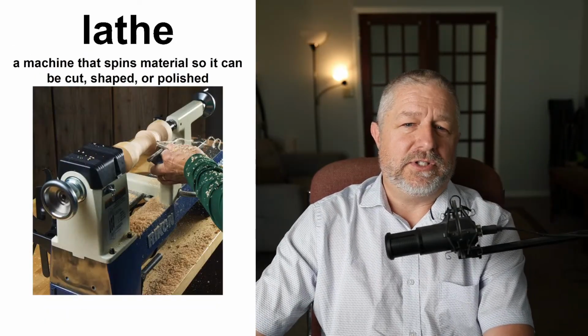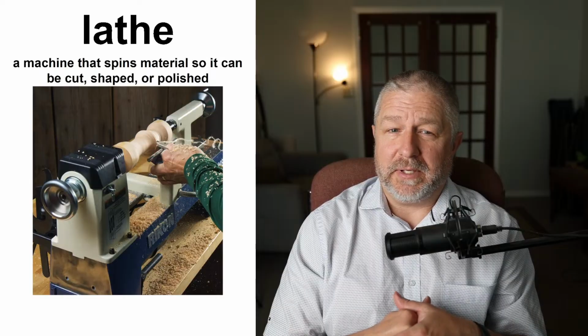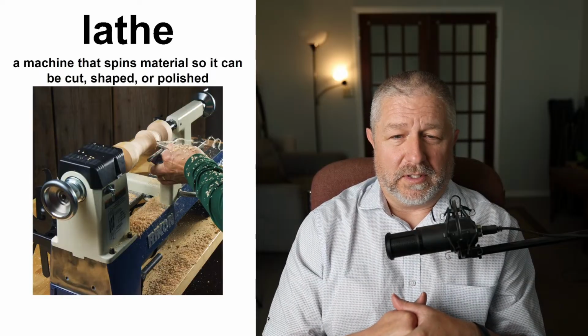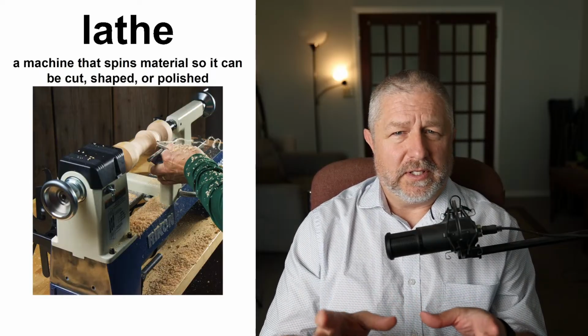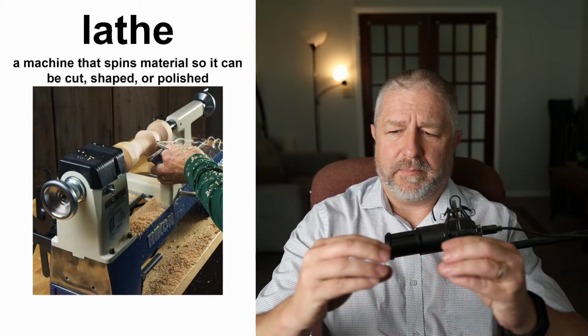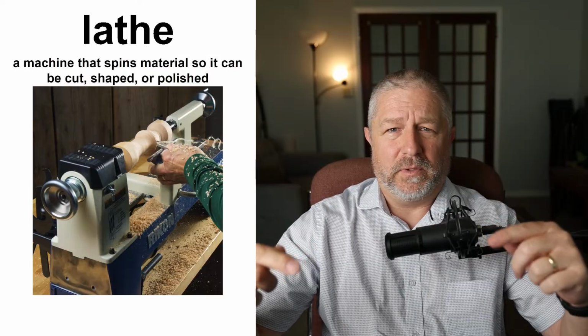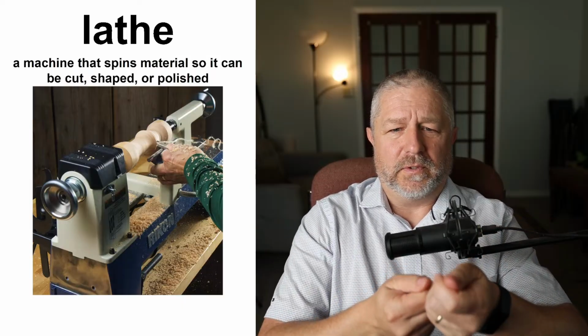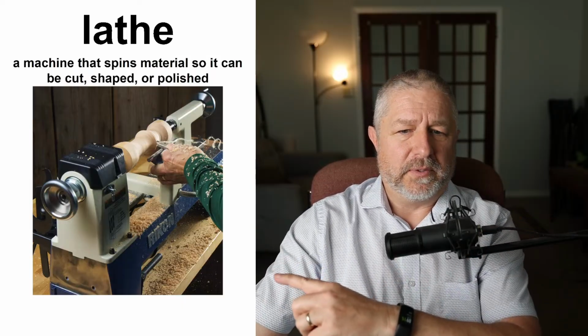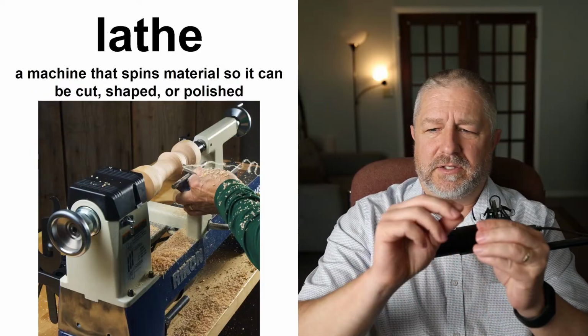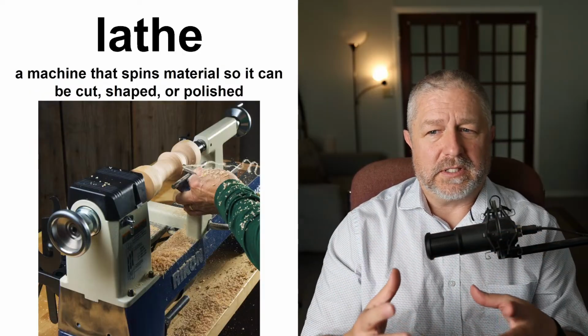A lathe, a machine that spins material so it can be cut, shaped, or polished. I've never really used a lathe, but if you wanted to take a piece of wood, a lathe would spin that piece of wood, and then you can use different tools to do what this person is doing. Basically, to shape the wood so it looks nice.